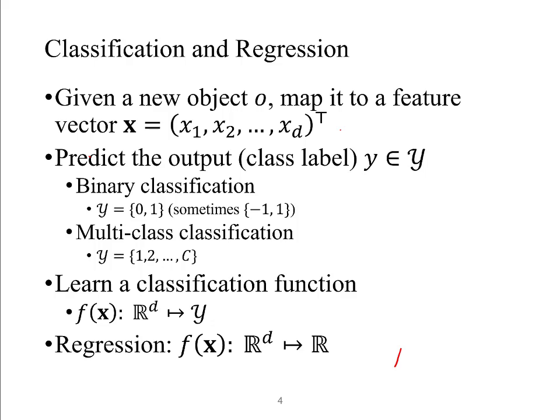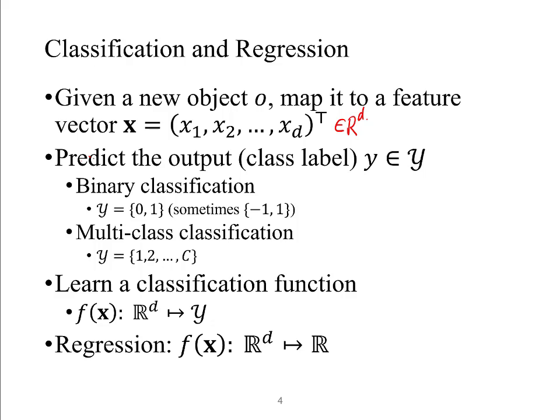And to give a formal definition of the classification problem. The problem is defined as, given a new object O, we want to map it into a feature vector X. So X is a vector, and we usually consider it to be in a Euclidean space, right?